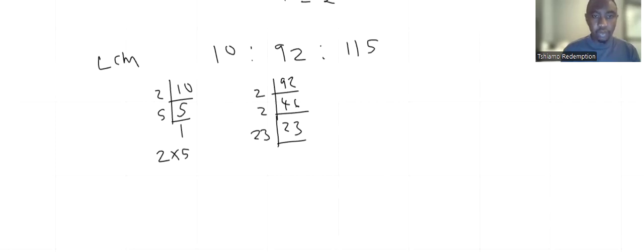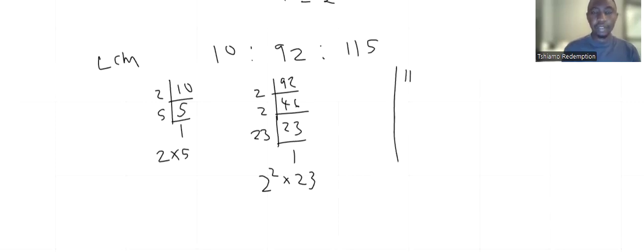So I have 2 squared multiplied by 23. Let me just confirm. And then 23 is a prime number, eh?